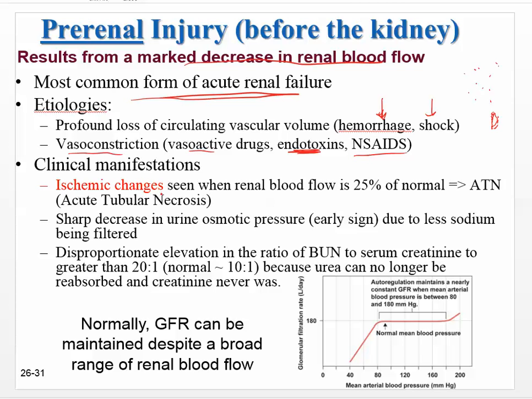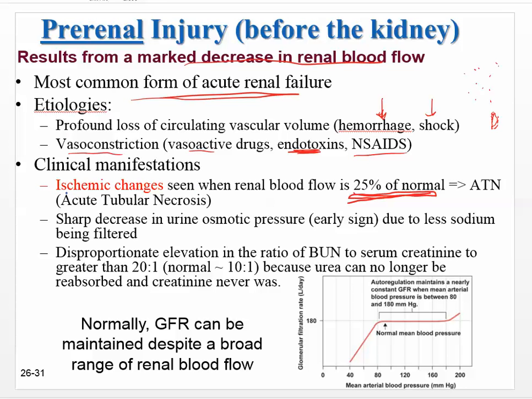Clinical manifestations: ischemic changes seen when renal blood flow is 25% of normal. Remember, the amount of blood flowing into the kidneys is generally pretty well controlled. When it drops to a fourth of its normal range, then you end up with ischemia.